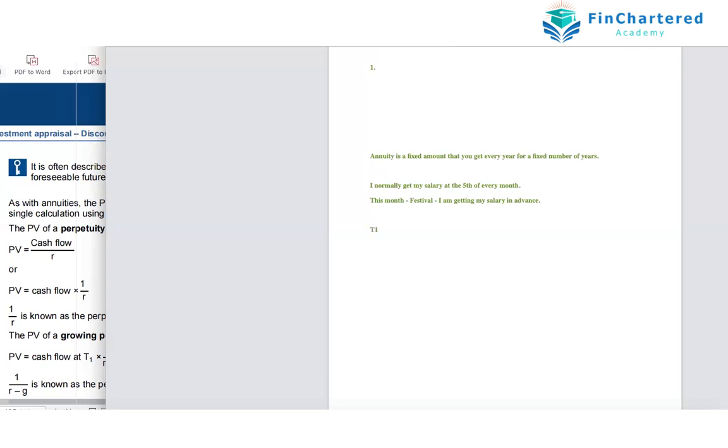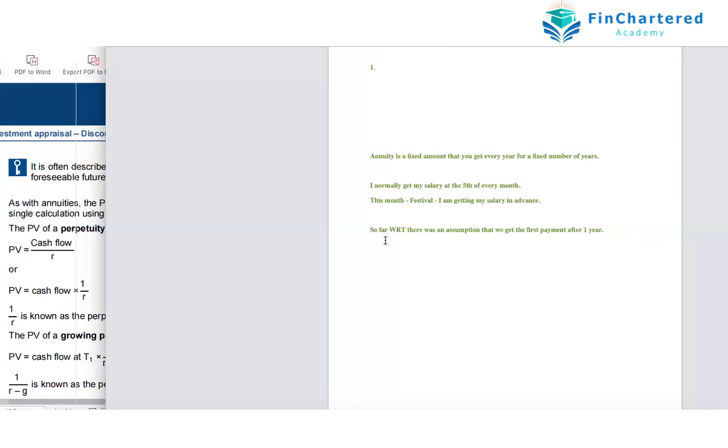Normally, you get your annuity at T1, that is after 1 year. After 2 years, you get an amount. After 3 years, you get an amount. After 4 years, you get an amount. But you always get the amount after 1 year. So far, with respect to annuities, there was an assumption that we get the first payment after 1 year.